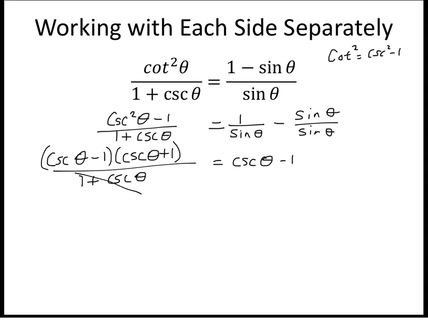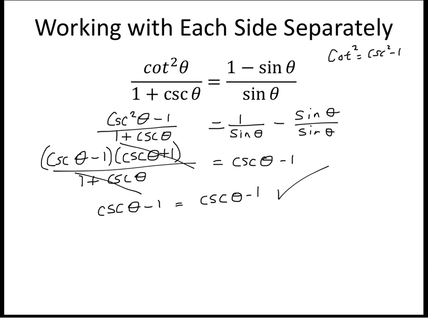Okay, so now my 1 plus cosecant thetas cancel out, and I'm just left with cosecant theta minus 1, and that now equals my left-hand side that I worked on earlier, and yay, we're good.